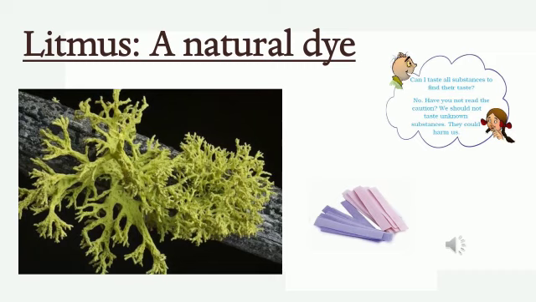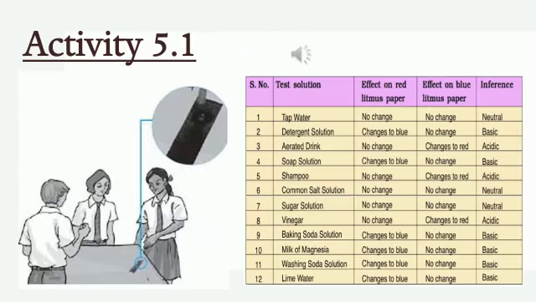Next we will see an activity to check whether a solution is acidic or basic using litmus paper, which is naturally obtained from lichens. So here is an activity.